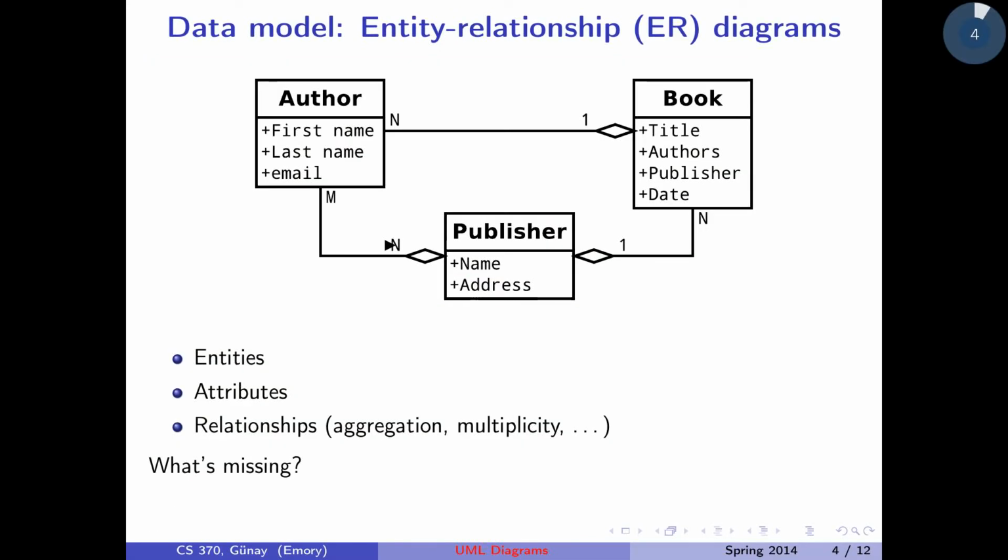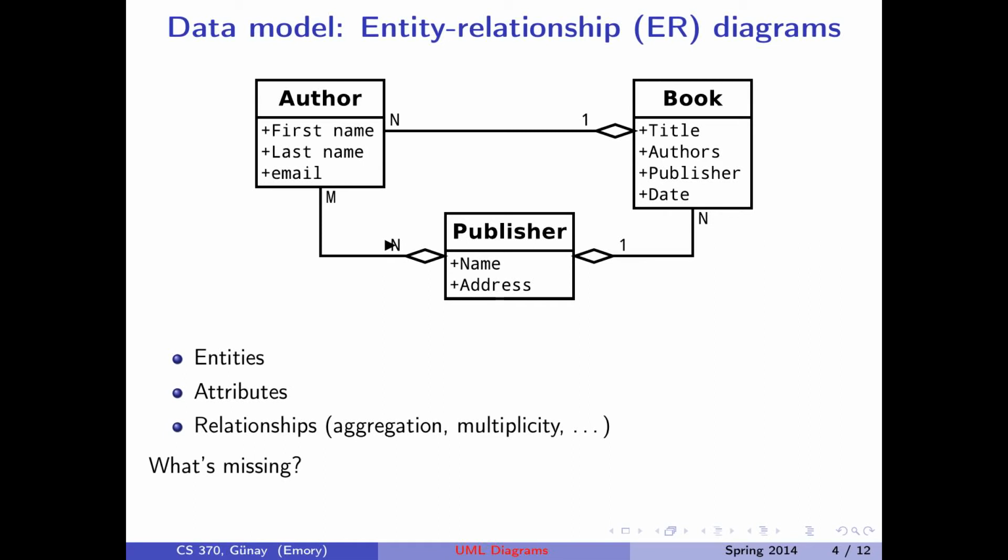Slide number 4. So the data model that you already made was something like this, right? So this was the example with authors that can write books, or the book can have multiple authors, and publisher can have multiple books, and an author can work with multiple publishers, and publisher will have relationships with multiple authors.